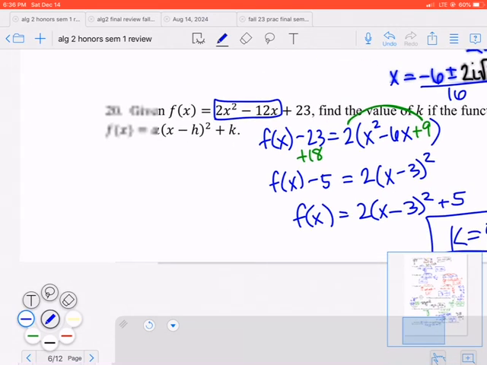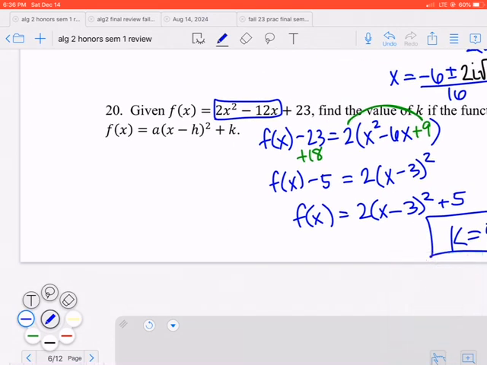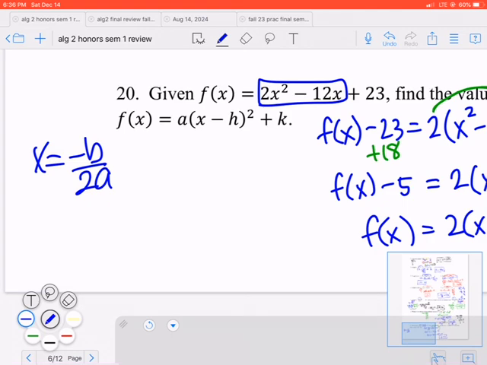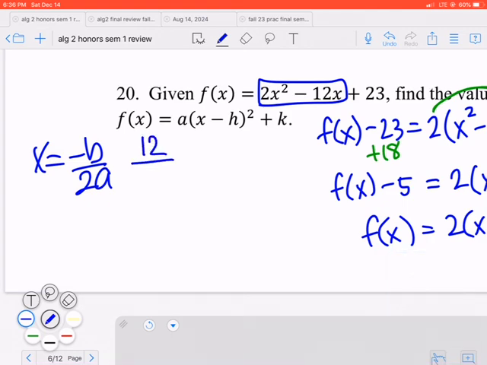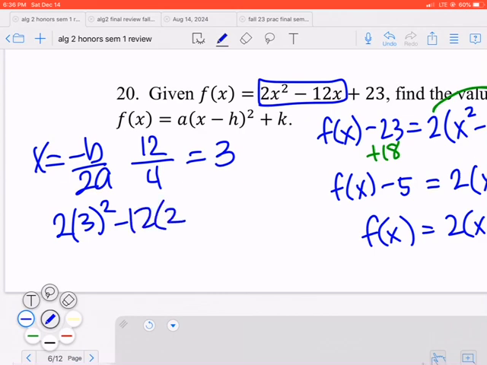I suppose you could have also used negative b over 2a to give you the x value and then plug it in to find the y value. So that would be 12 over 2 times 2 is 4. So x is 3. 2 times 3 squared minus 12 times 3 plus 23.